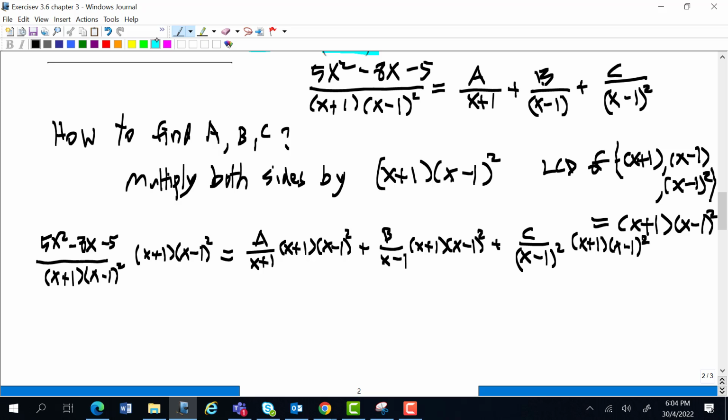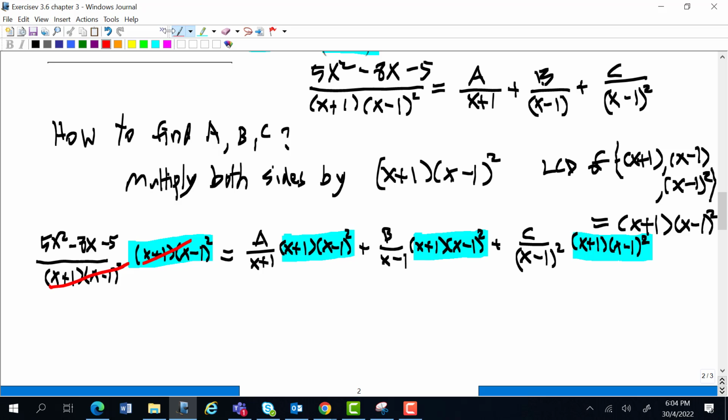So we actually multiply both sides by the least common denominator. Now, by doing so, you have cancellation. So this exactly the same thing cancels.